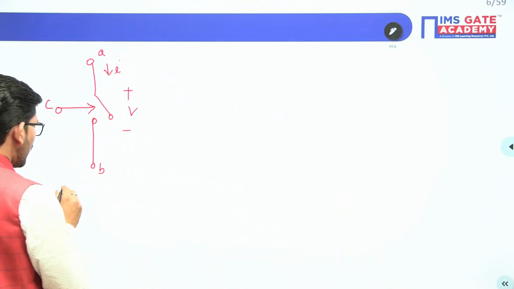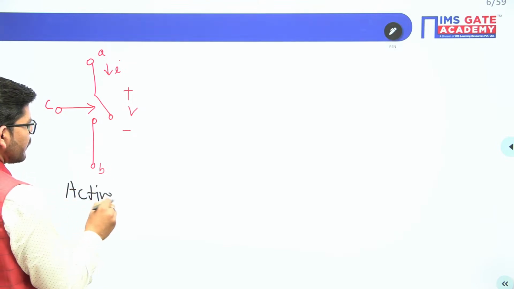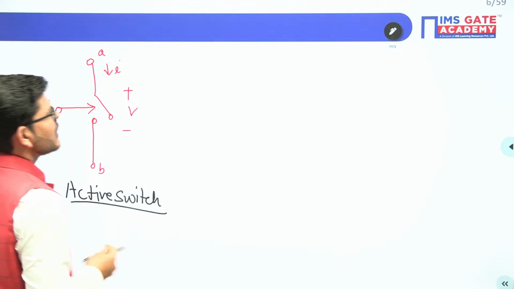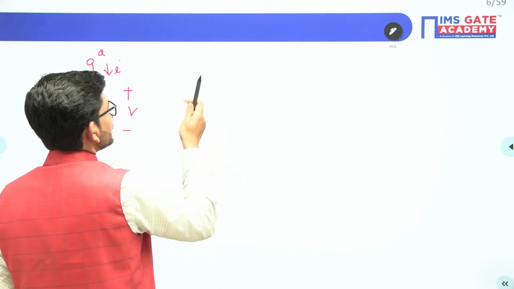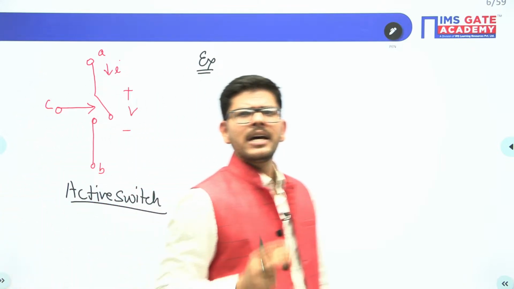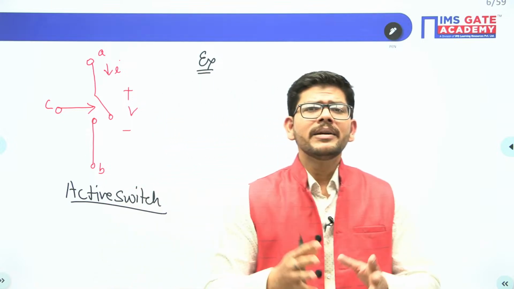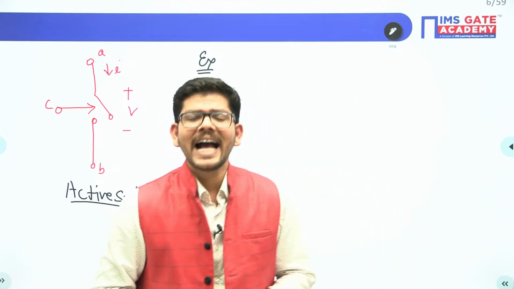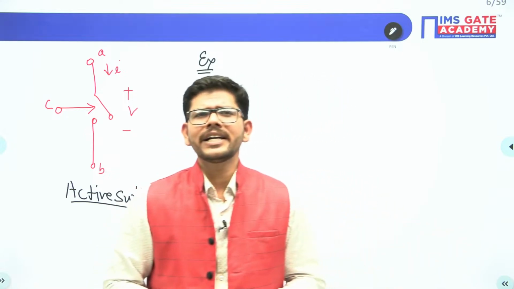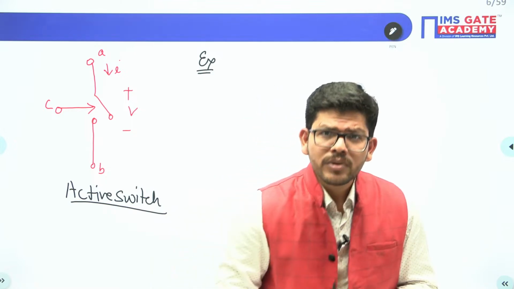These switches are called active switches. For example, an IGBT, BJT, MOSFET, SCR, TRIAC, GTO, all these are active switches because normally they have a control terminal, and whether they are conducting or blocking depends upon the control signal given to them.